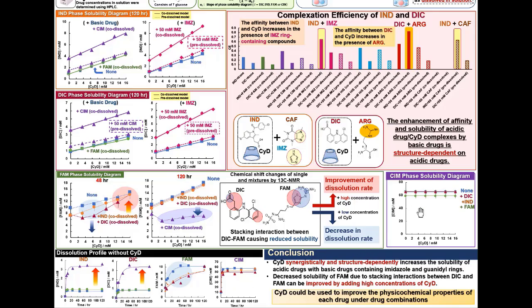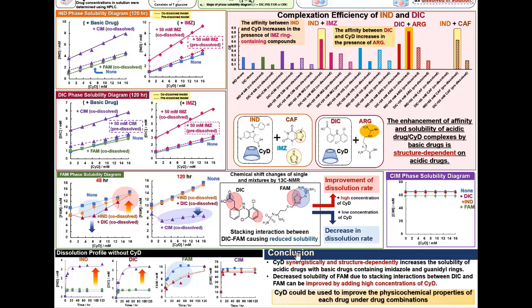Cimetidine was not affected by any solubilizing effect of CYD in the presence or absence of acidic drugs. Also, here are the dissolution profiles of indomethacin, diclofenac, famotidine, and cimetidine, respectively. From these results, you can see how the solubility of each drug changes with each acidic and basic drug interaction.